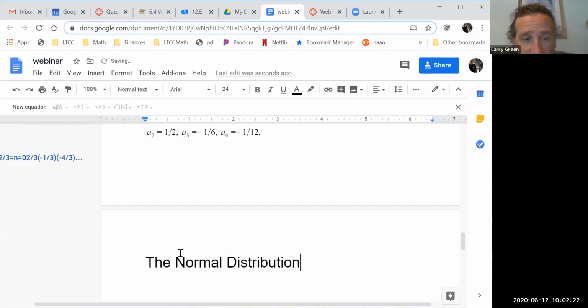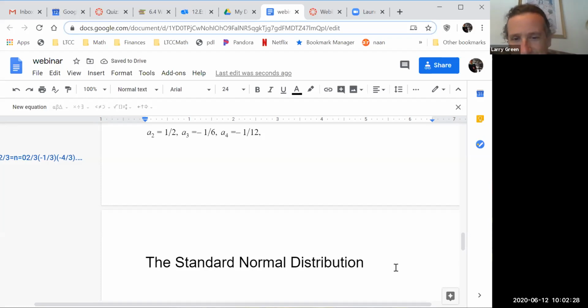And I'll do the standard normal distribution. I don't know if you're paying attention or not. I don't see anything in the chat box, but hopefully you agree the standard normal distribution is essential in everything. It is the statistics tool. Also, if you're dealing with chemistry and orbitals, normal distribution is everything there.